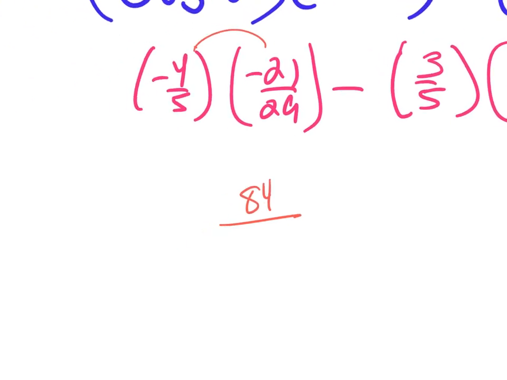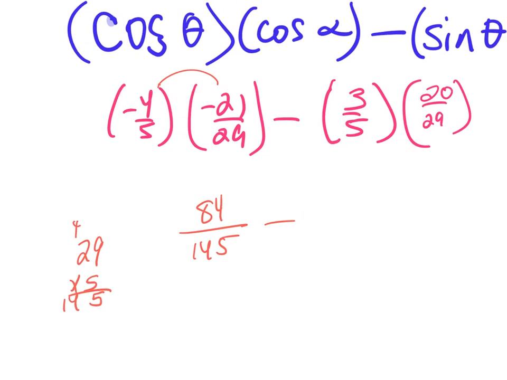Or, here's a novel idea. 29 times 5. 9 times 5 is what? 45. Put the 5, carry the 4. What's 5 times 2? Plus 4. There we go. 145. Minus, what's 3 times 20? 60 over 145.